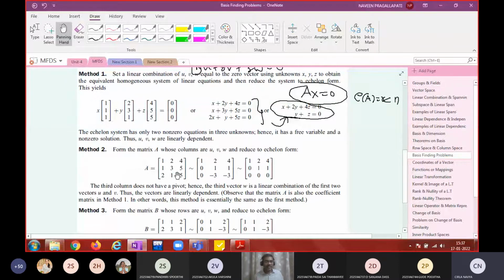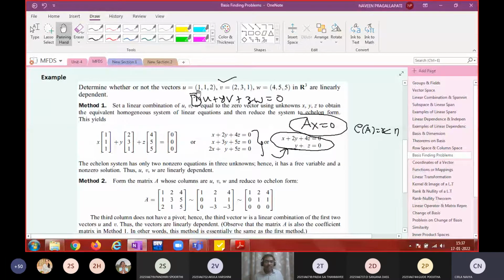That is what we were discussing here. You put these vectors in rows: 1 1 2, 1 1 2. You can put these vectors in rows or columns, doesn't matter. Conventionally most people put them in columns. So 1 1 2, 2 3 1, 4 5 5, convert into echelon form.